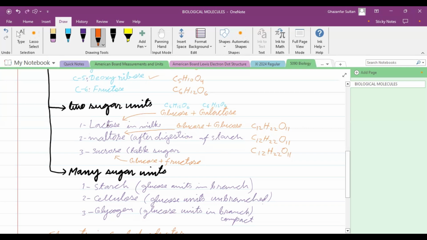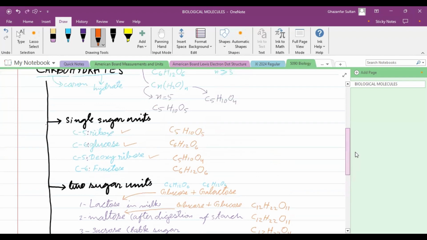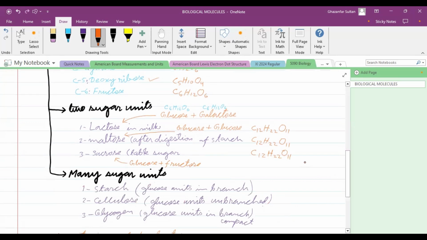But you just remember that there are 3 kinds of carbohydrates. One, those which consist of a single unit, for example, ribose, glucose, deoxyribose, fructose, galactose. And some consist of 2 sugar units, which are lactose, maltose, and sucrose.